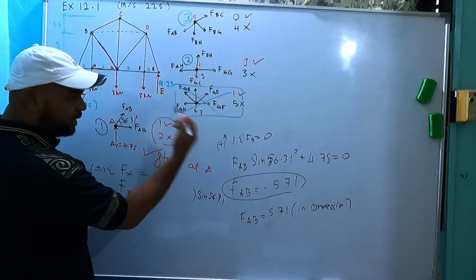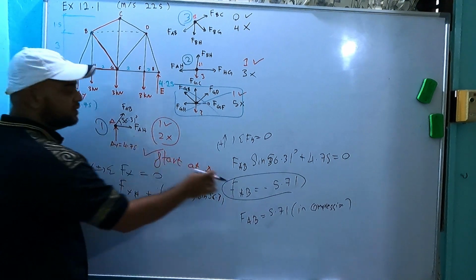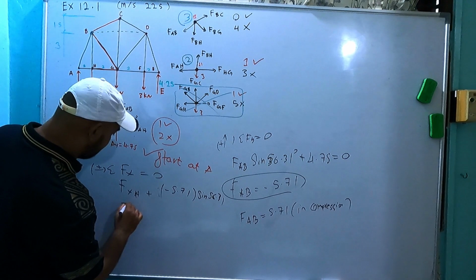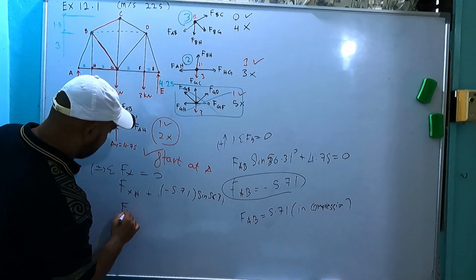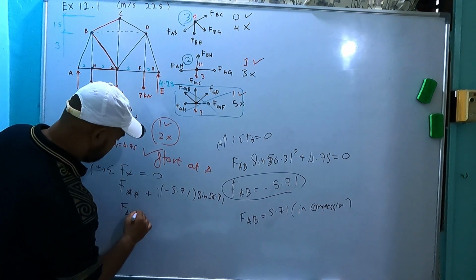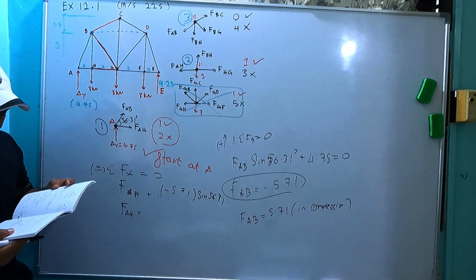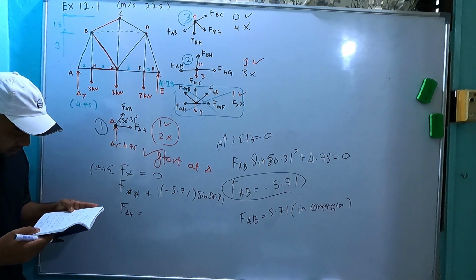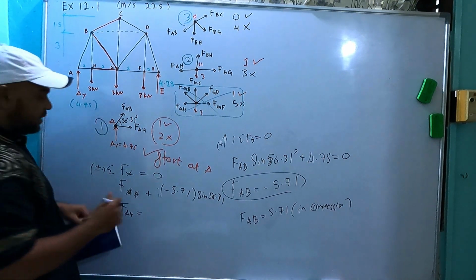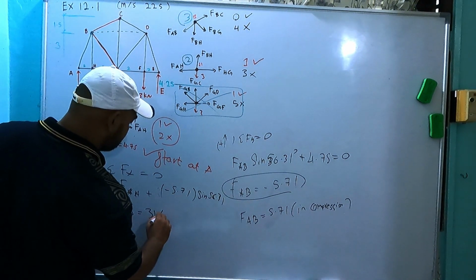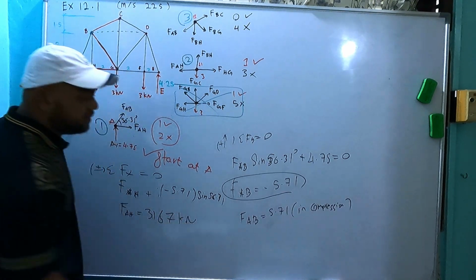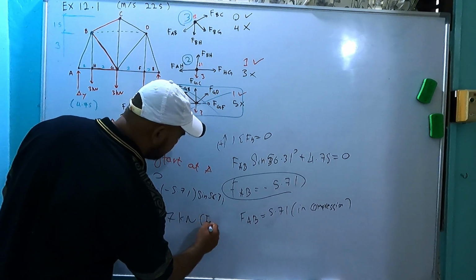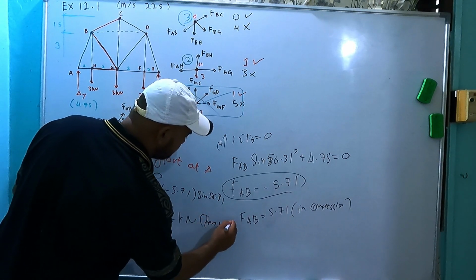Okay, so FAB in our calculation, based on this figure, our value is negative. Negative 5.71, so you get FAH equal to 3.167 kilonewton. It is positive, meaning that this one is in tension.